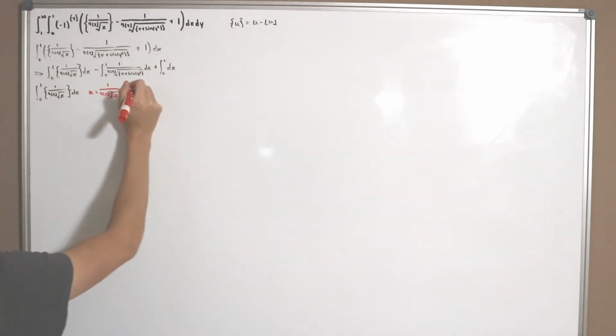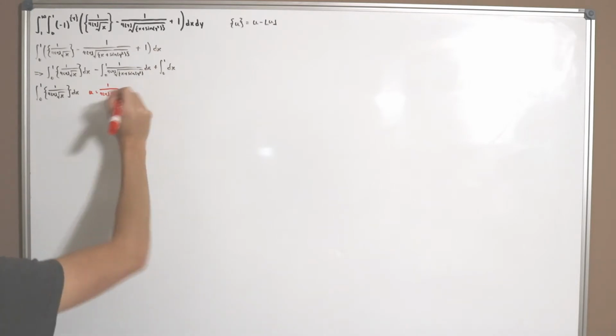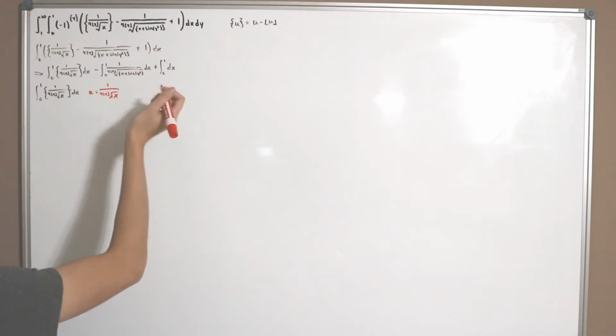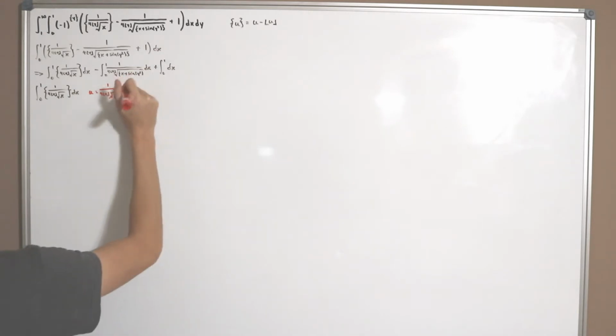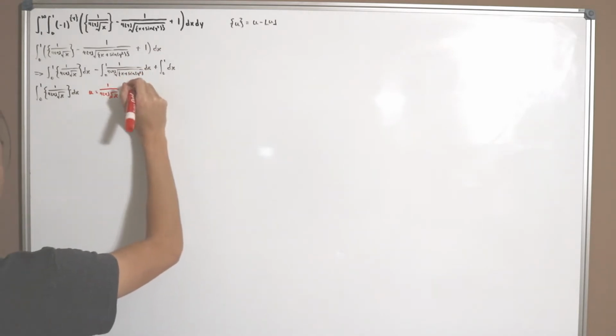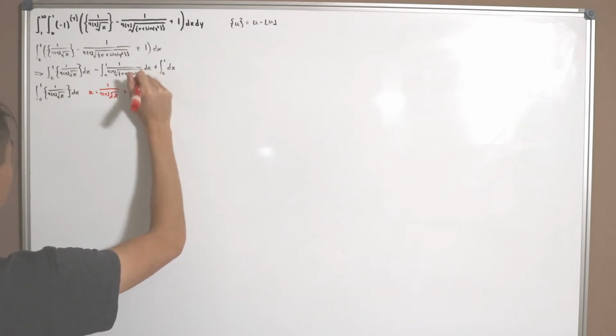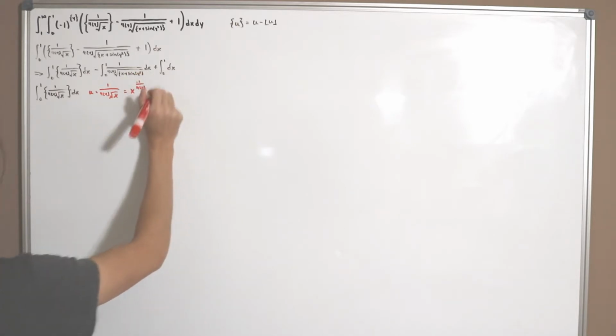In other words, the exponent is a fraction, so this is the same thing as x to the power of 1 divided by 4 times the floor of y.